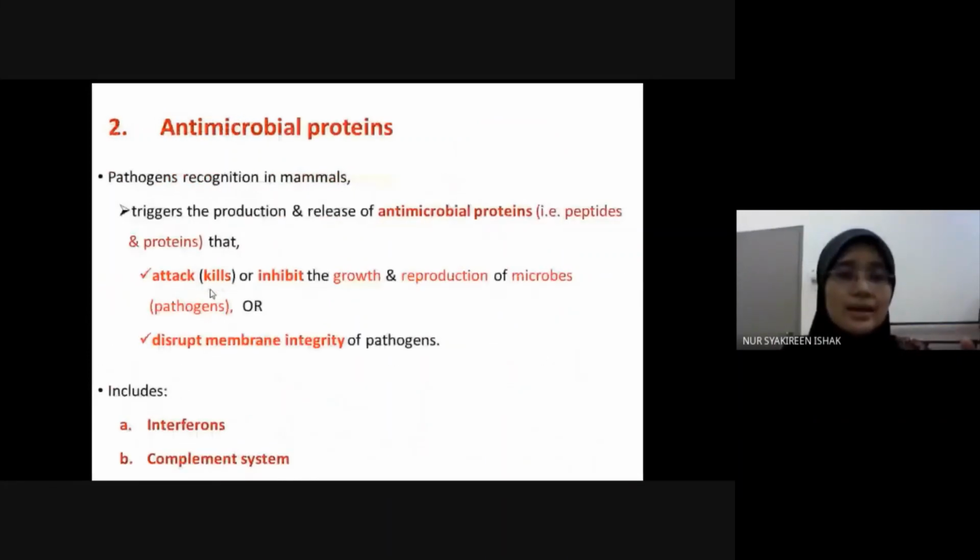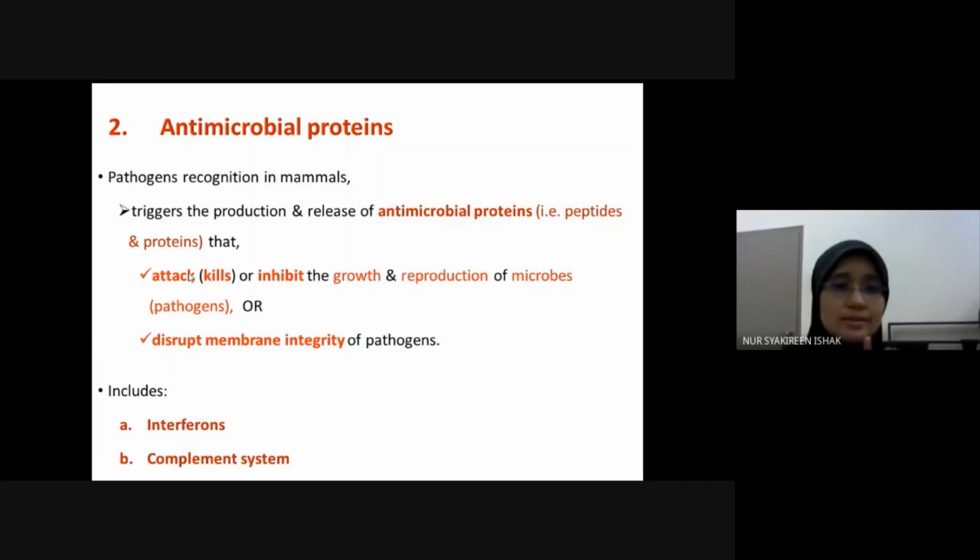Okay, so the next, the second component of the second line defense is you have the antimicrobial proteins. Pathogen recognition in mammals triggers the production and release of antimicrobial proteins, which are peptides and proteins that will attack or kill or inhibit the growth and reproduction of microbes or disrupt membrane integrity of pathogen.